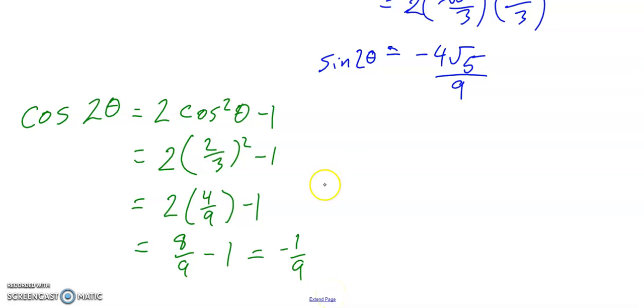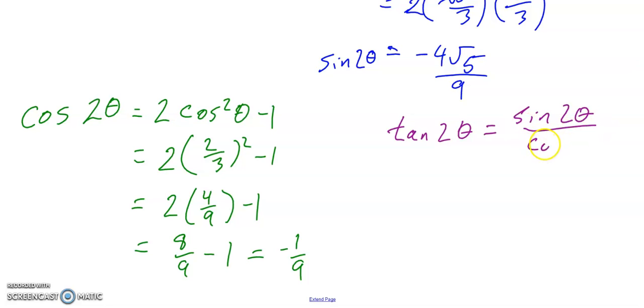And then the last one they wanted us to find was tangent of 2 theta. Well, I already know sine 2 theta and cosine 2 theta, so I'm just going to plug them into sine 2 theta over cosine 2 theta. I'm using this one because I don't know what tangent of theta is, but I do know sine 2 theta and cosine 2 theta.